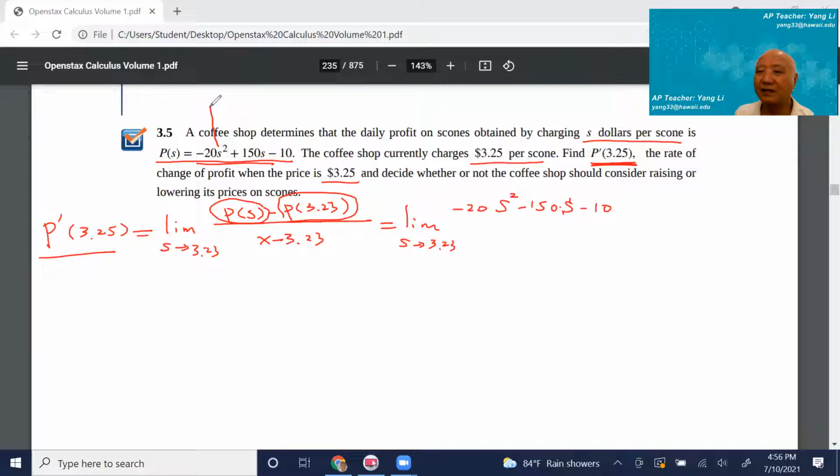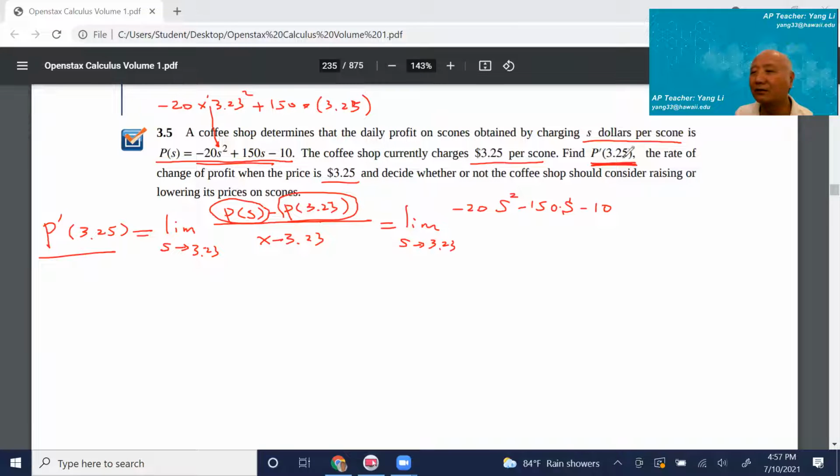You simply plug in here by 3.25, right? So you're going to have this one squared times negative 20, okay? And then plus 150 times 3.25, right? Oh, 25, my bad here.